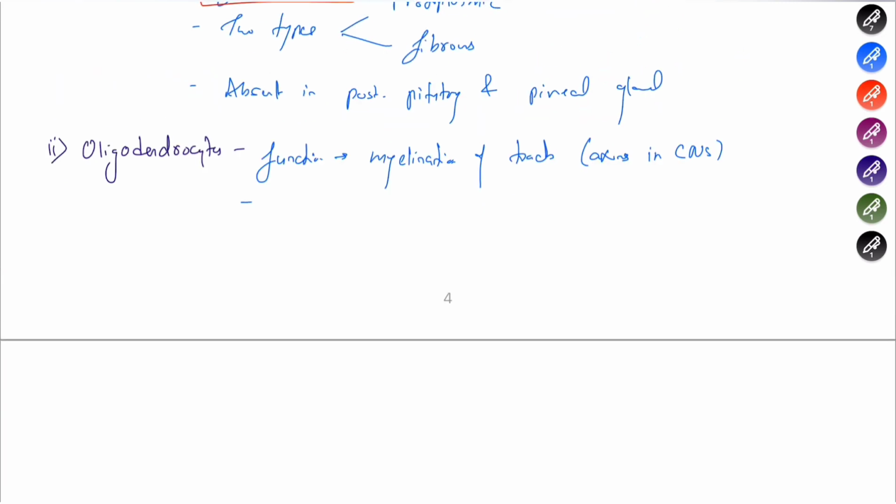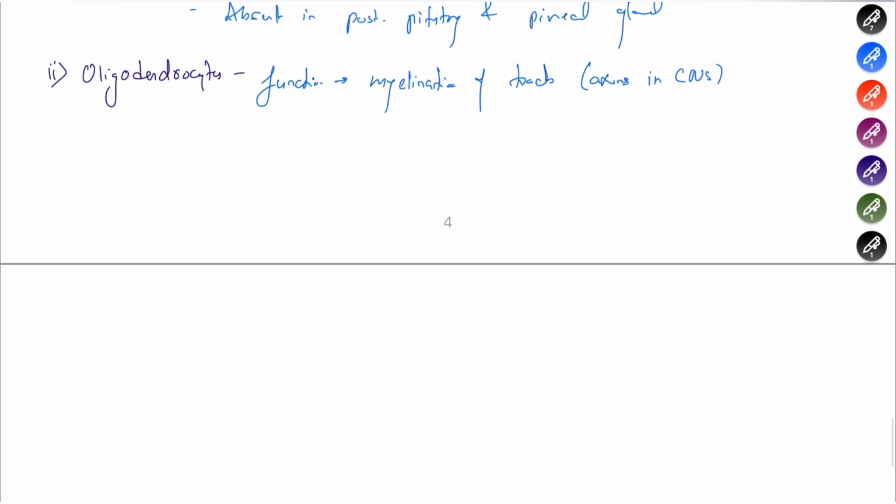So the third cell is the Schwann cell. What is the function? The function is the same, the myelination of nerve fibers, that is axons in the peripheral nervous system.